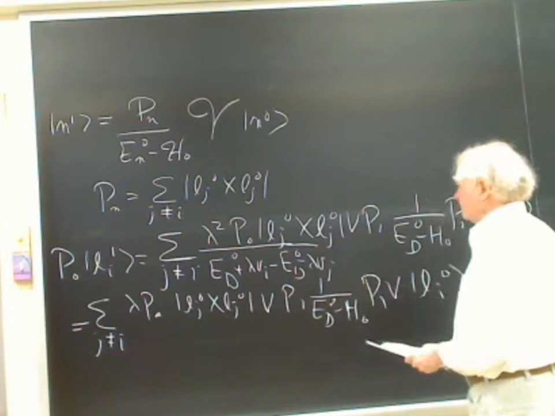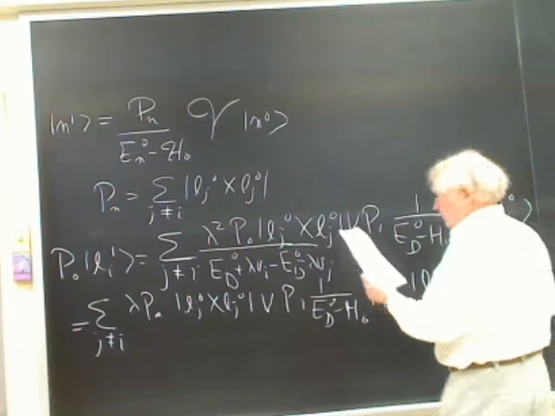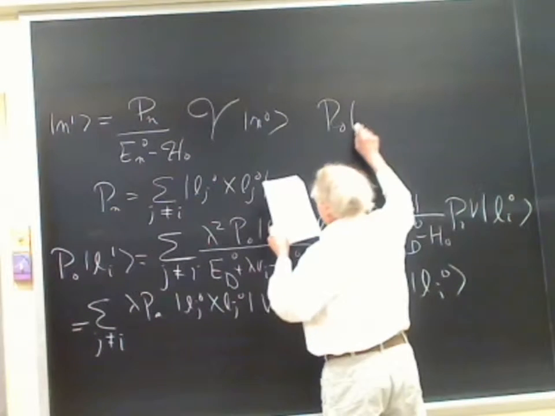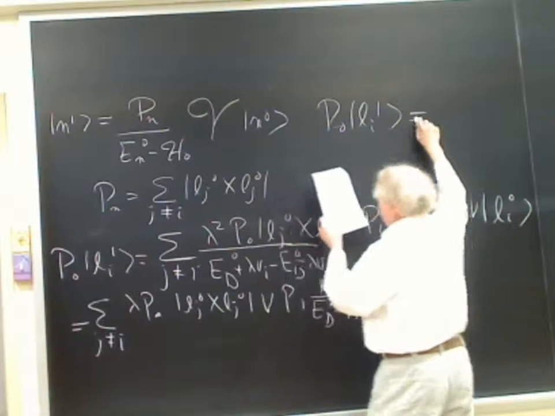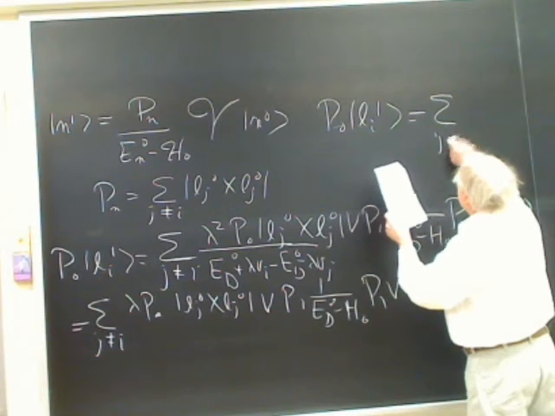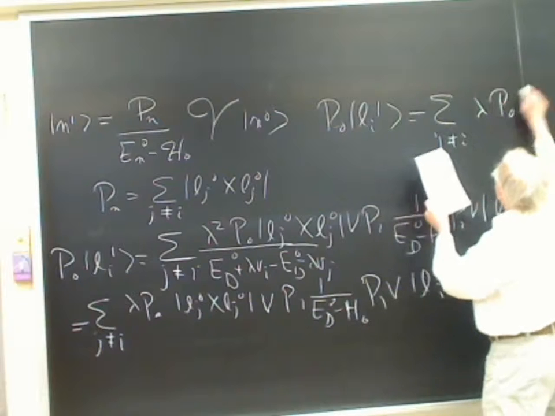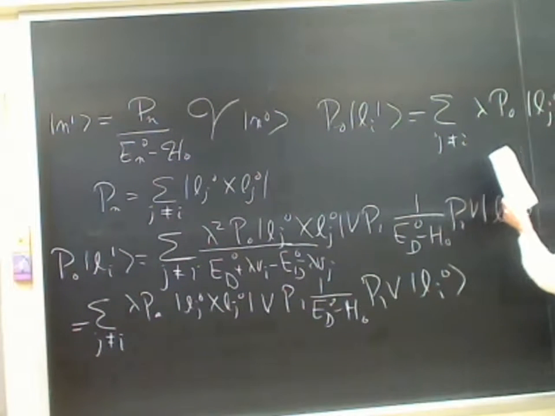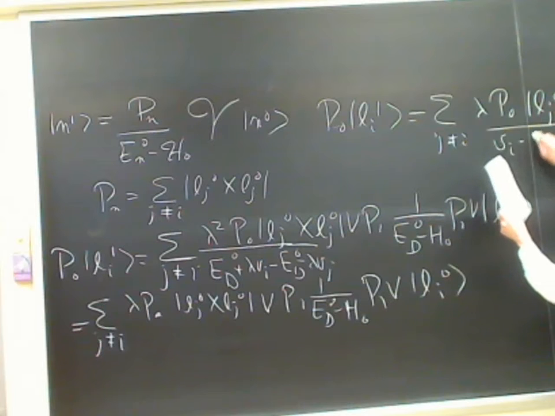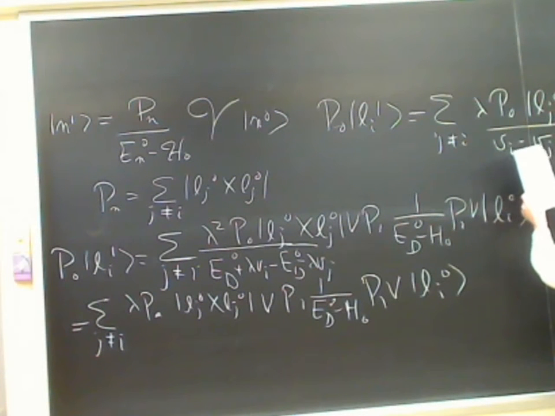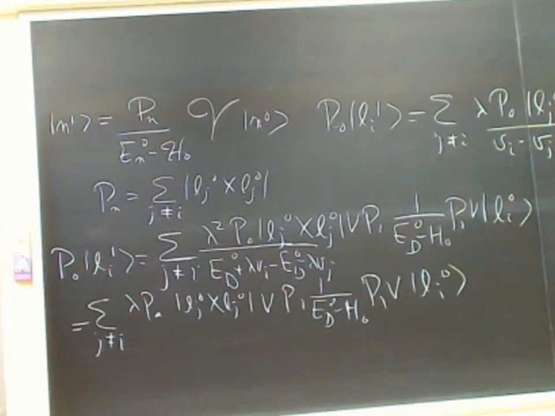And let me write it one more time. P0 Li1 then is the sum J not equal to I, lambda P0 LJ0 over Vi minus Vj, sum K not in D, LJ0 V K0, 1 over ED0 minus EK0, K0 V LJ0.